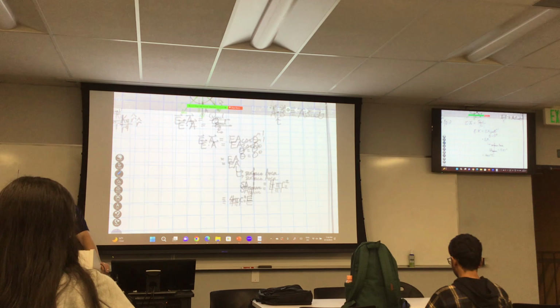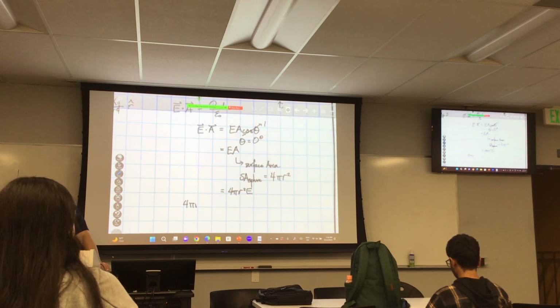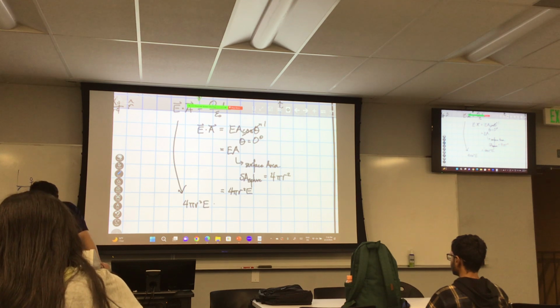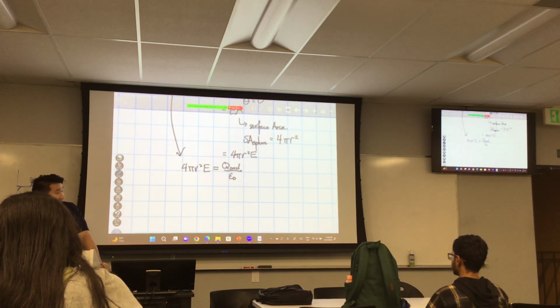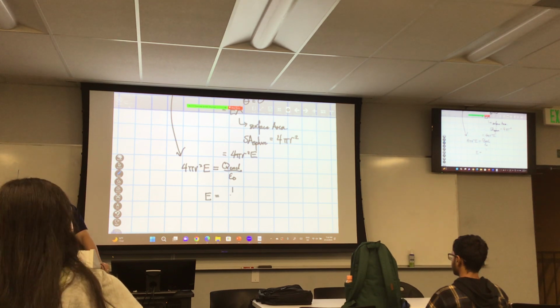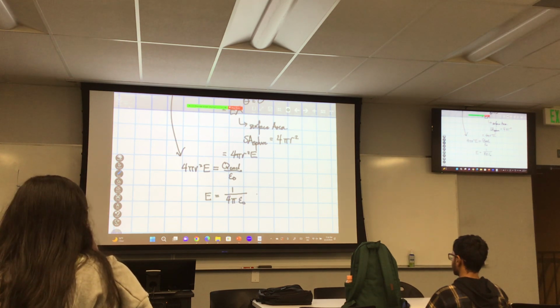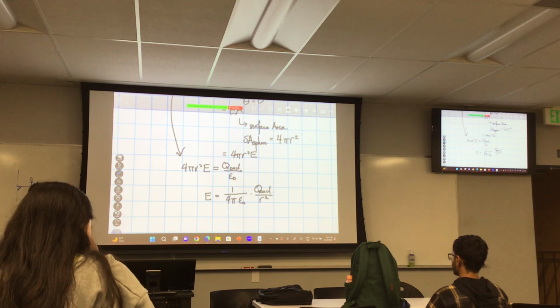So 4 pi r squared E is going to be Q enclosed over epsilon naught. If we isolate for E, this is going to equal 1 over 4 pi epsilon naught times Q enclosed over r squared.